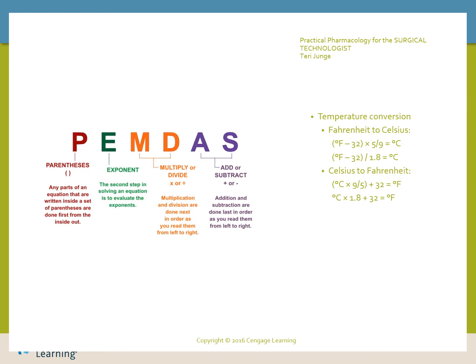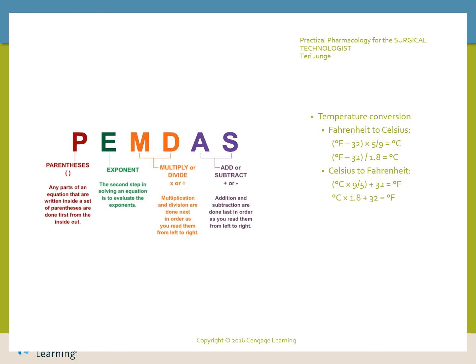And since there aren't any exponents, we don't have to worry about that. But there is a multiplication or divide, so then we would want to take care of that next. And then finish up with our addition or our subtraction, which is not in the Fahrenheit to Celsius conversion, but is in the Celsius to Fahrenheit conversion.